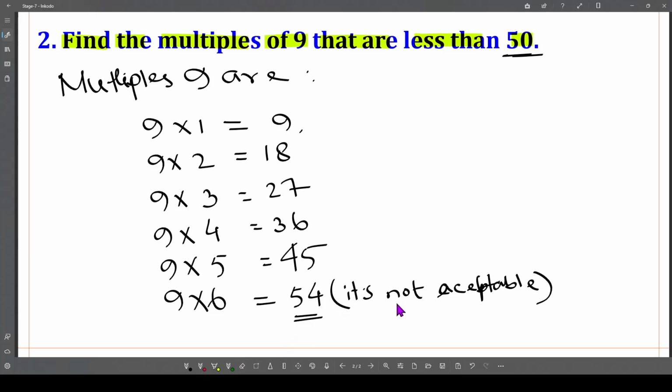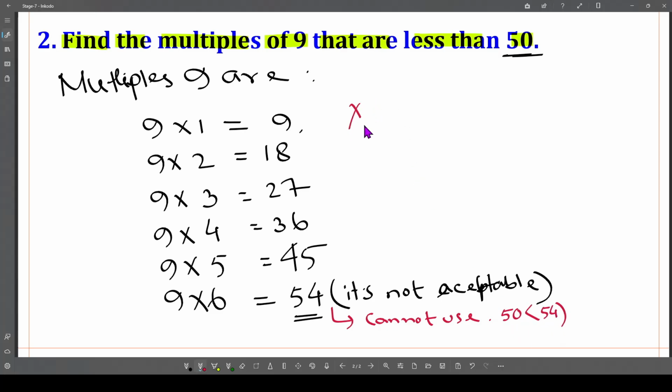So also we can write like this: cannot use, because this 54 is more than 50.